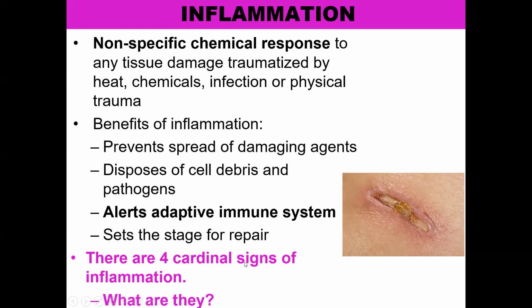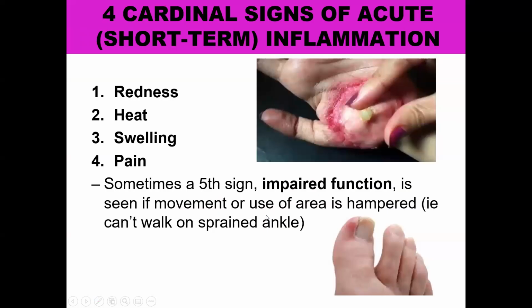So there are 4 cardinal signs of inflammation. So that means 4 signs. So think about if you have a cut like this one on your skin, how do you know that it is infected and that inflammation has set in? The first thing I hope that you said was it's going to get kind of red. It might get kind of warm to the touch.